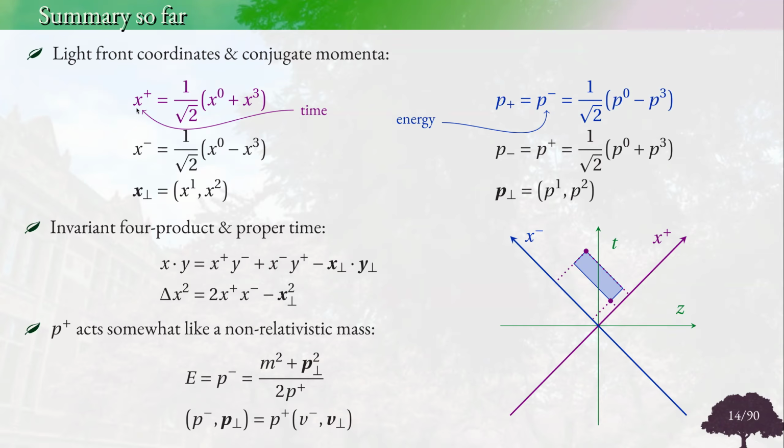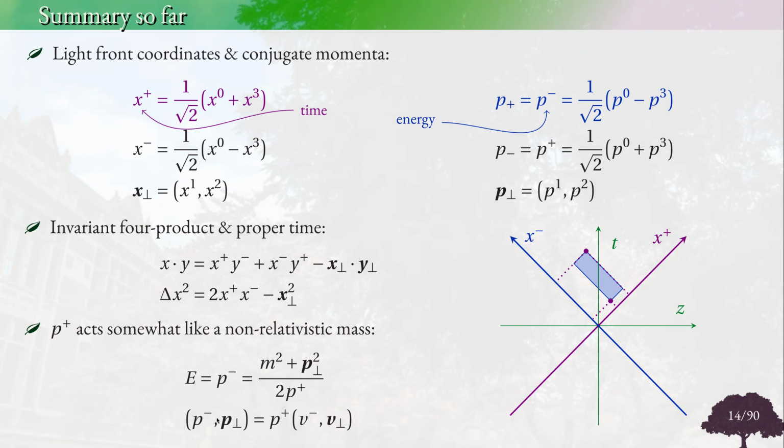Our time is x plus. And the canonically conjugate momentum variable to that is p minus, which we identify as the energy. Our four products are linear in x plus and x minus. And because of that, the dispersion relation relating energy and momentum ends up having this nice formula without any square roots in it. The energy is simply quadratic in the transverse momentum, but inversely proportional to the p plus.